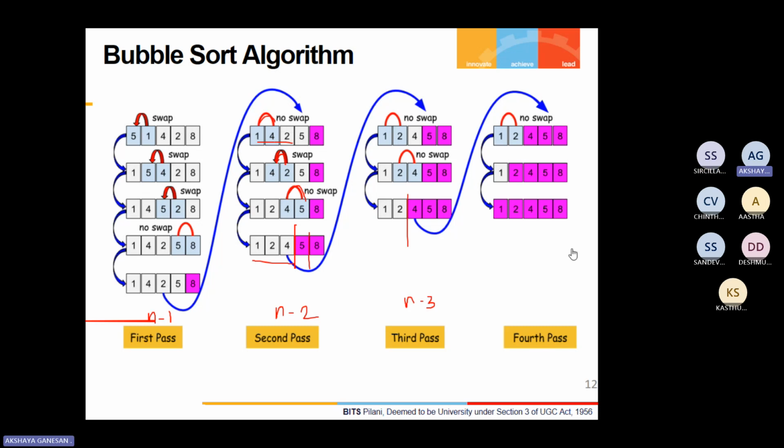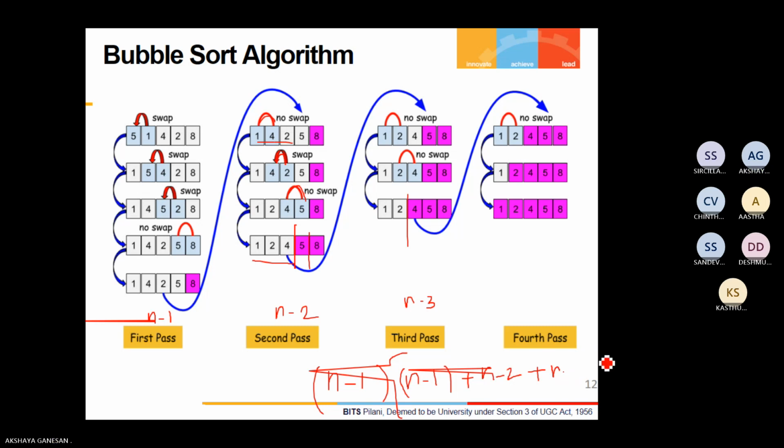So what will be the time complexity now? So n minus 1 times you have to repeat. Okay, so if it's 5, you are doing it 4 times. Correct? And each time n minus 1 comparisons. One time it will be n minus 2. One time it will be n minus 3.